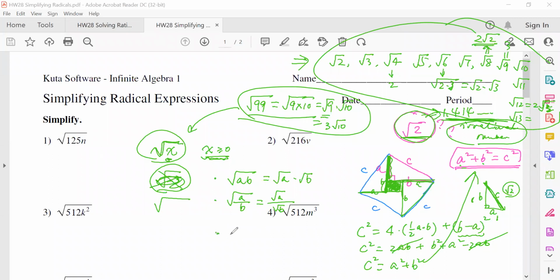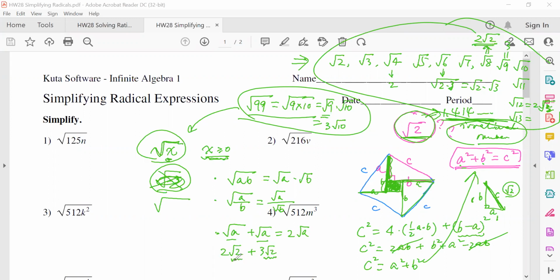But what about addition? Square root a plus square root a. So here you have two of them, right? These are like terms, just like 2 square root 2 plus 3 square root 2.